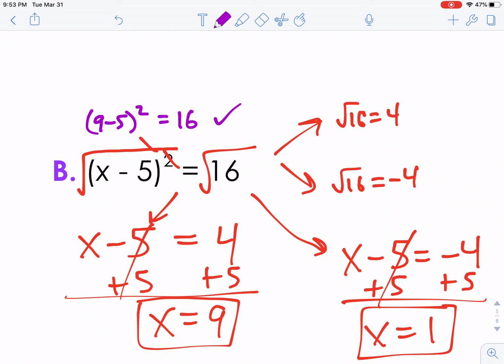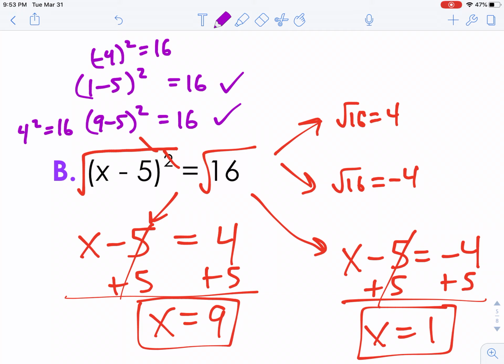What about 1 minus 5? If you take that and square it, does it equal 16? Yeah, it does, because this is going to be negative 4 squared, which is also equal to 16, right? This one down here was positive 4 squared, so that equals 16. But negative 4 squared also equals 16, so you're going to get two separate answers for these.